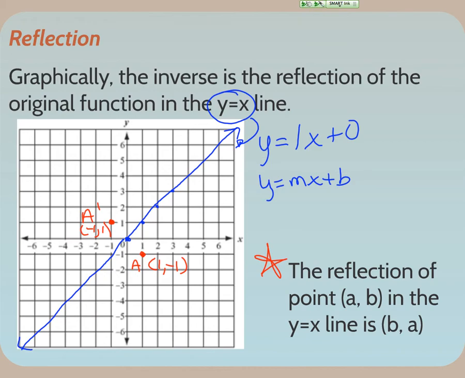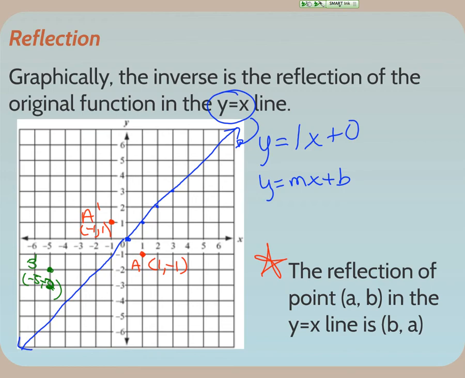And let's pick another one. How about (-5, -3)? No, I don't want to do that one. (-5, -2). Just another example. So if I have a point at (-5, -2), let's say that's B. Then if I switch them, (-2, -5) will be the reflection.